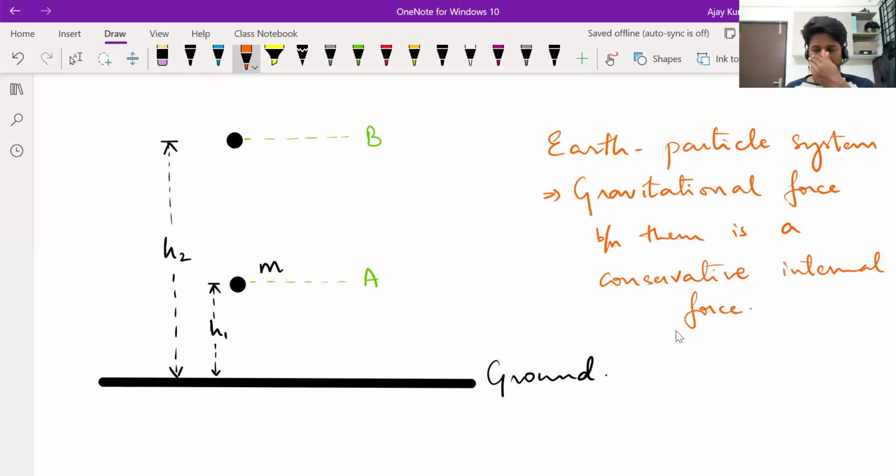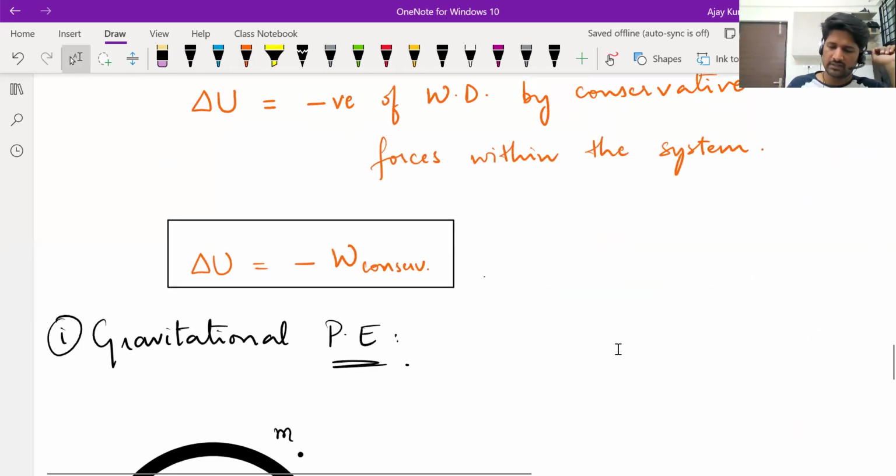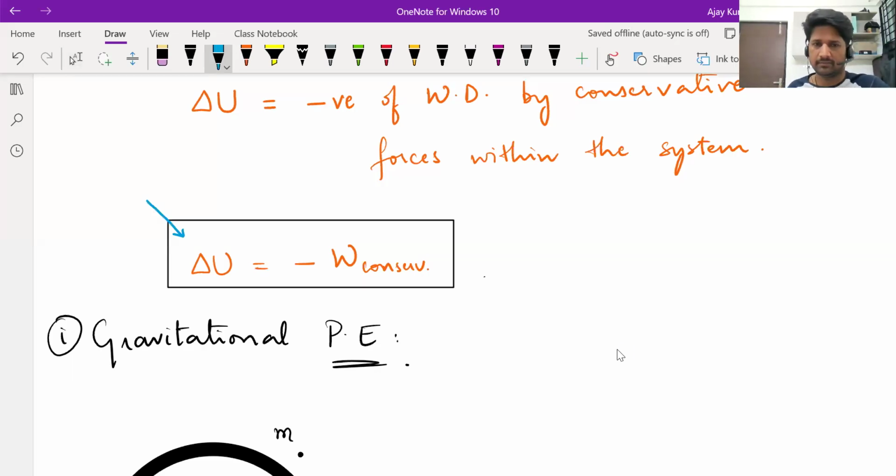And if this force does any work, it results in a change in potential energy of the Earth-mass system. It's not potential energy of only that mass. If you take Earth plus mass as one system, that system's potential energy changes. By definition, change in potential energy of a system is negative of work done by the conservative forces acting within the system.